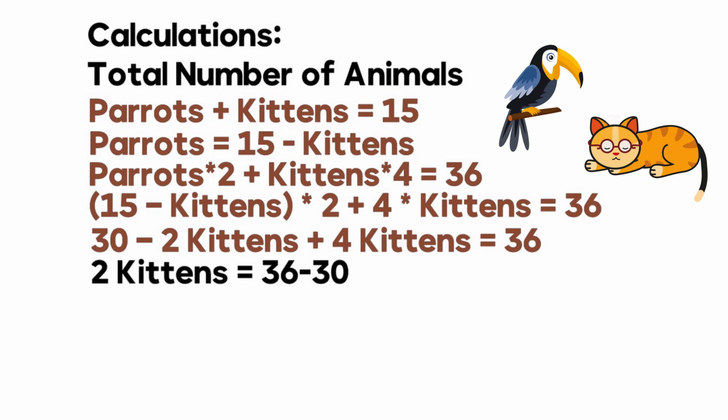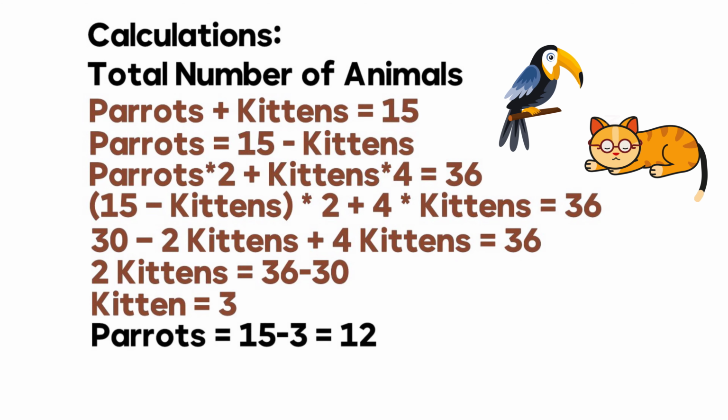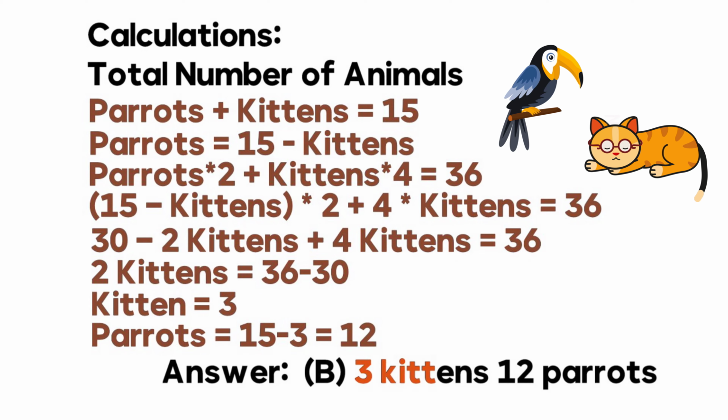After simplification, 2 kittens equals 36 minus 30, which means that there are 3 kittens in the store. Number of parrots then will be calculated by subtracting 3 from 15, and number of parrots equals 12. So the correct answer here is choice B, 3 kittens and 12 parrots. Hopefully you've nailed this question and now know how to answer similar problems on the test.